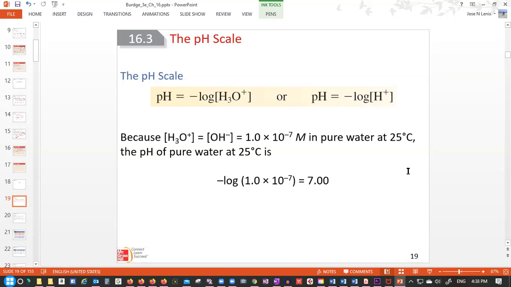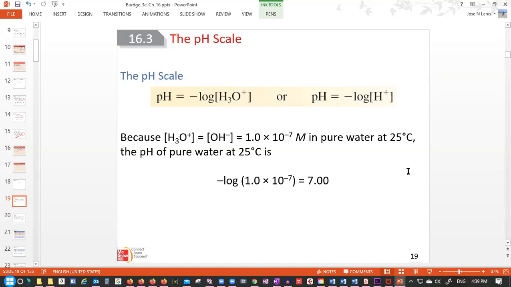So you can see the practical way to write or to express somehow the presence of these hydrogen ions in any aqueous solution.